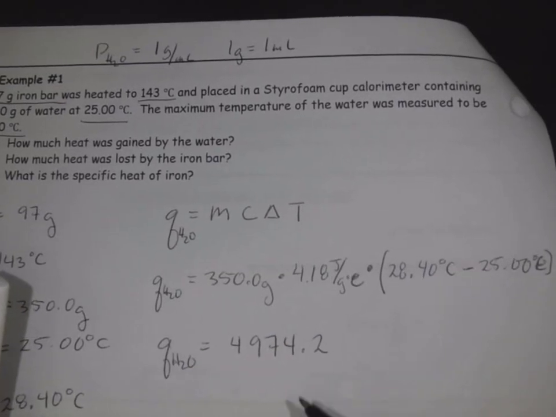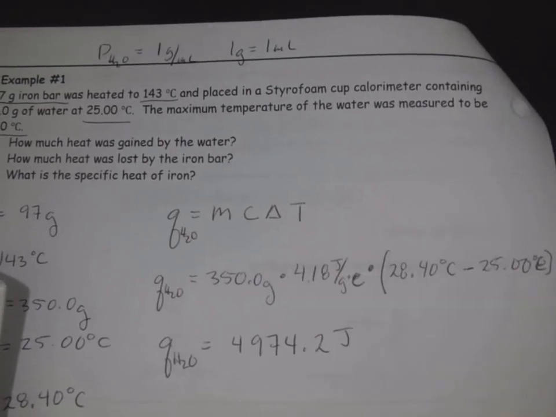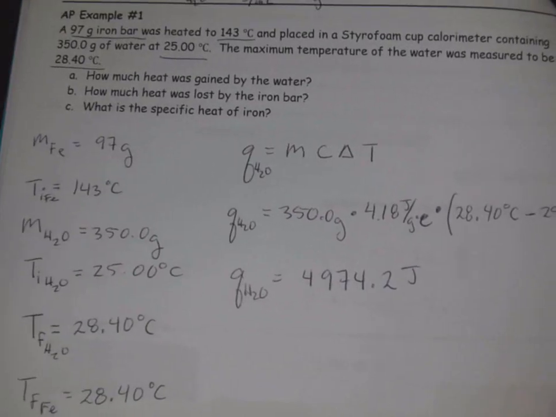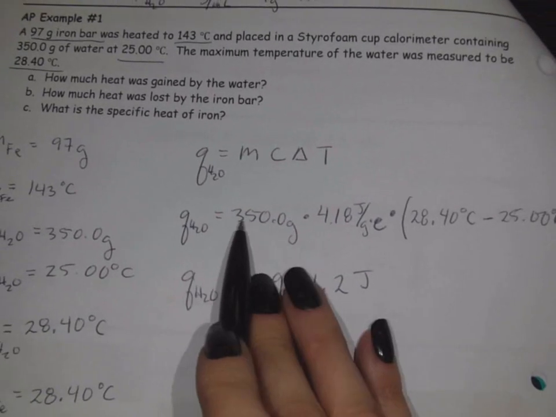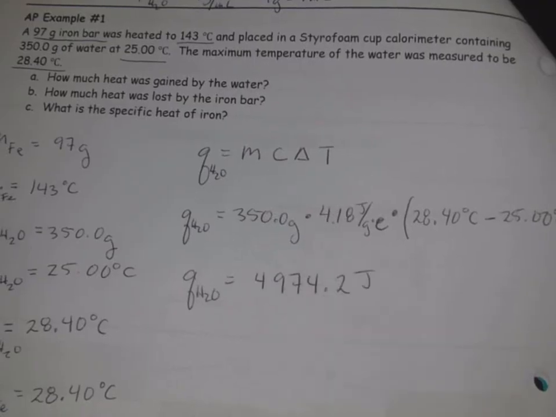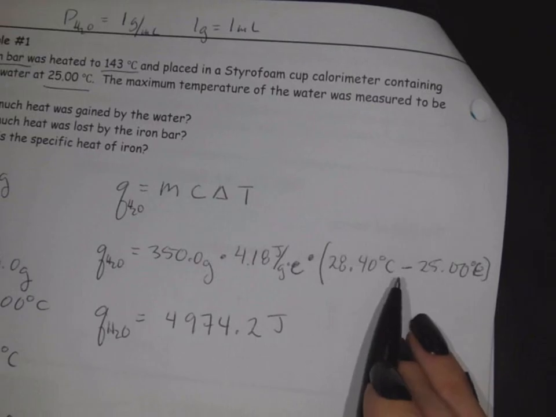4974.2. Grams cancels, Celsius cancels. We're left with joules. Okay, not kilojoules, joules. And then sig figs. If I look at the items here, this was 4 sig figs, this was 3 sig figs. Oh, when I subtract these, this should be digits after the decimal.